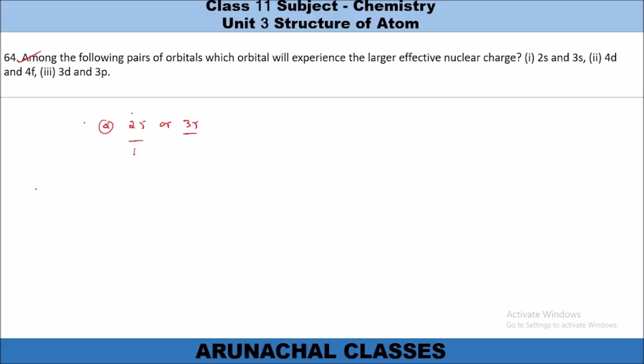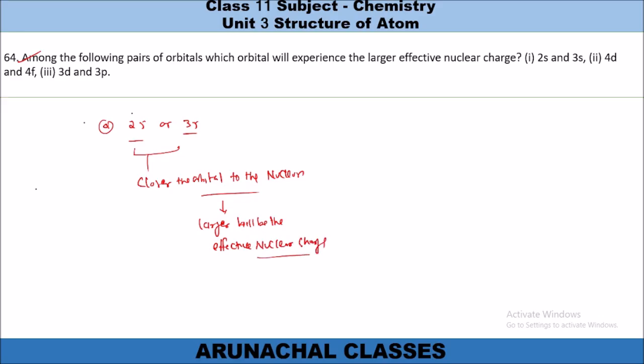The point is that the closer the orbital is to the nucleus, the larger will be the effective nuclear charge.